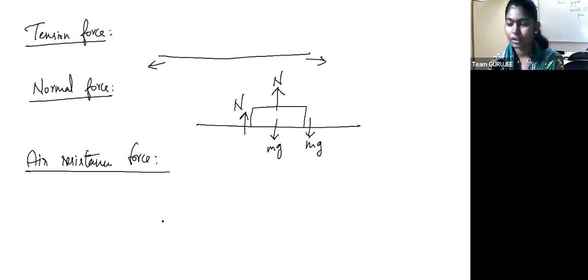You can say that they'll go at a speed of 2.5 to 5 Mach. Mach means it's sound speed. One sound speed is 1 Mach, so the fighter aircraft will go at 2.5 to 5 Mach speed. In those cases, this air resistance will play a crucial role. It needs to be reduced, then only your aircraft will move fast. So that is what air resistance force is.